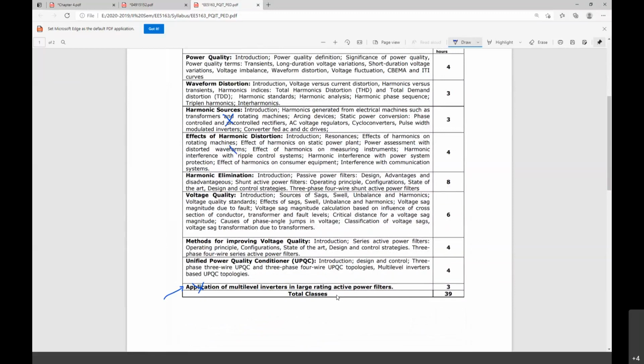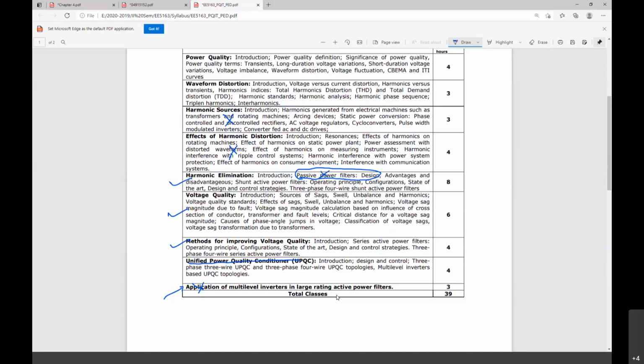For the end examination, this paper, especially the passive filter design part, which I have not covered, maybe some of your friends have covered. Maybe this part won't be there, and this will be there. This will be there, and this particular point of the unified power quality conditioner, I have just now discussed with you also.